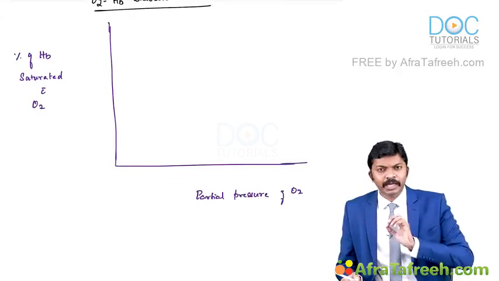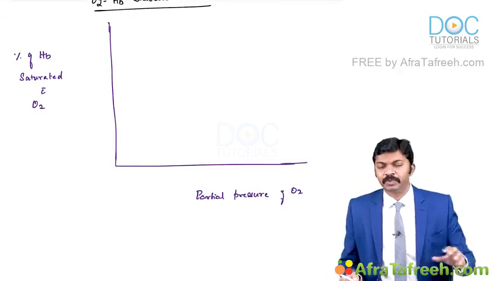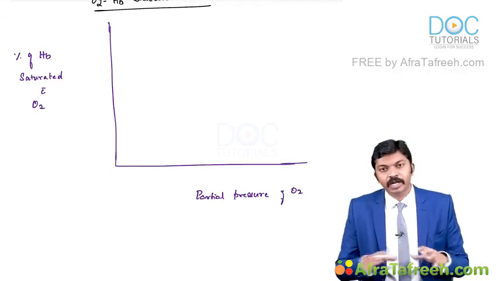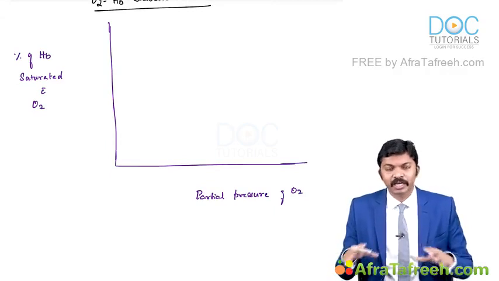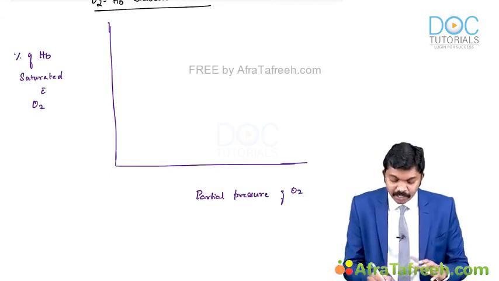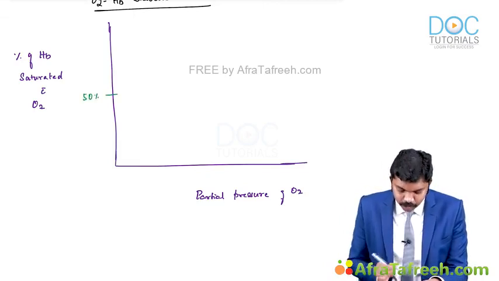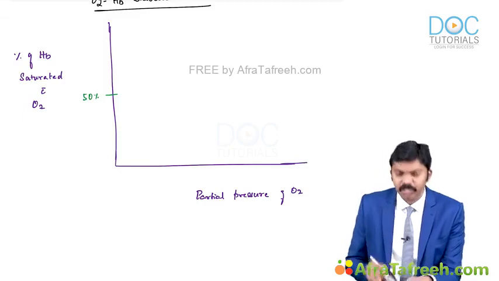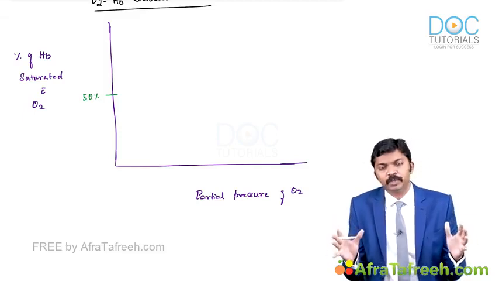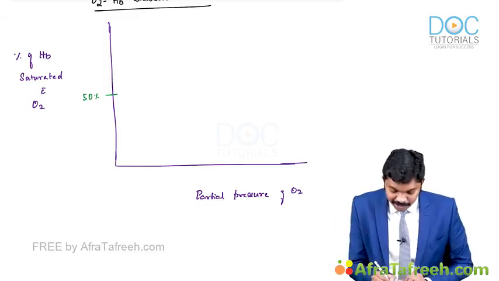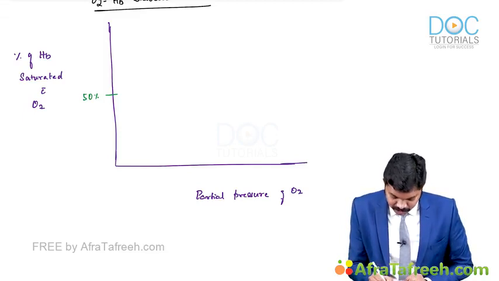Point number one, in normal physiological limits, when the lungs are functioning well, when blood is functioning well, there is no anemia, everything is going on the right side, it takes 50% of hemoglobin to be saturated with oxygen. For 50% of total body hemoglobin to get saturated with oxygen, it takes a partial pressure of just 27 millimeters of mercury.